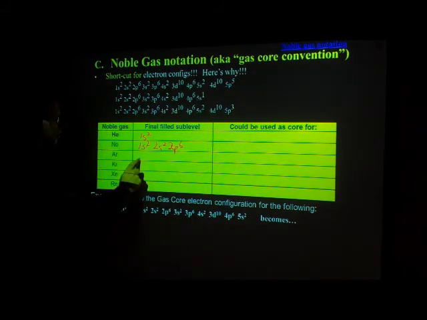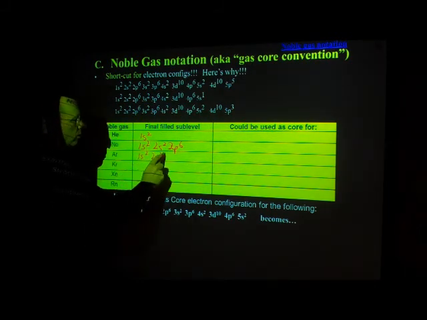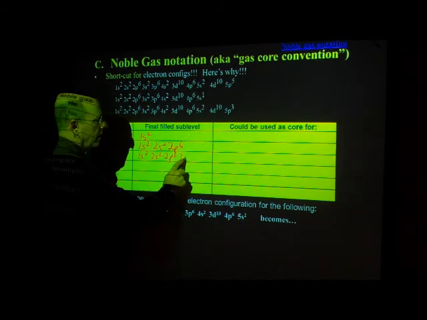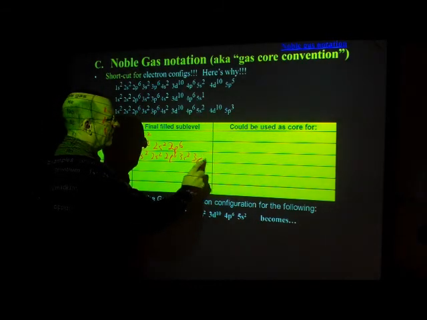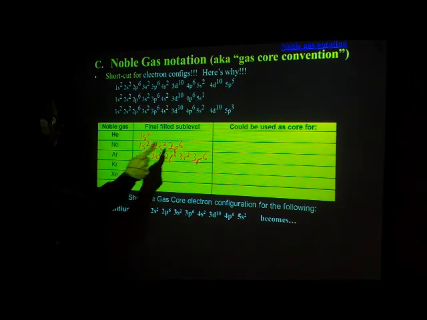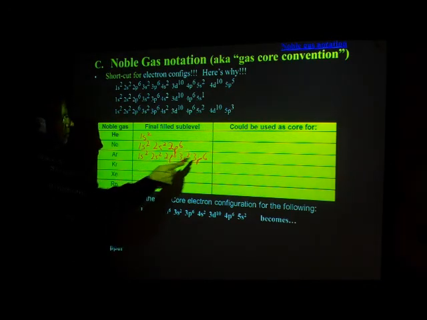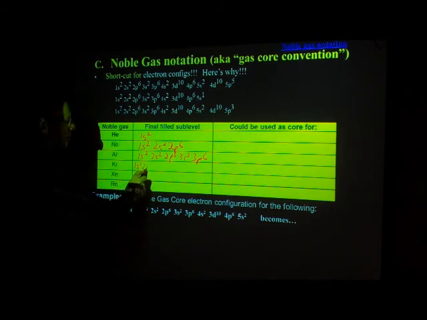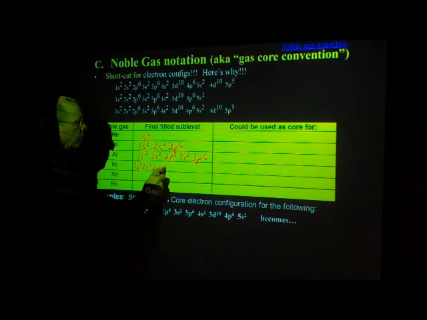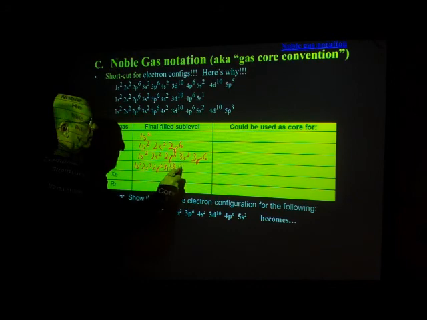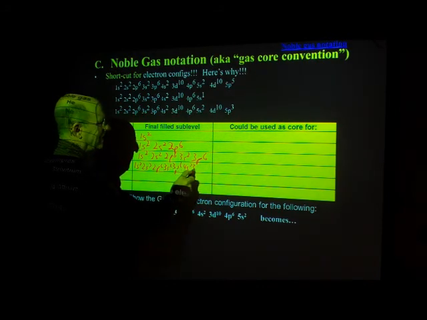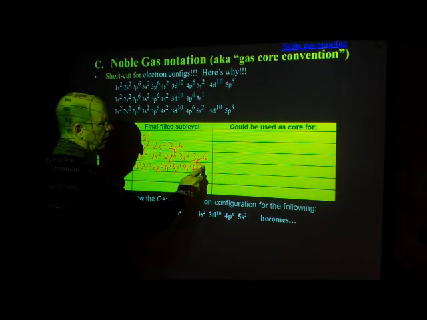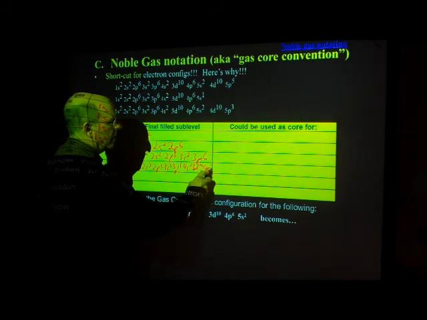Argon is 1s2, 2s2, 2p6, 3s2, 3p6. Krypton is 1s2, 2s2, 2p6, 3s2, 3p6, 4s2, 3d10, that's weird, and then 4p6.